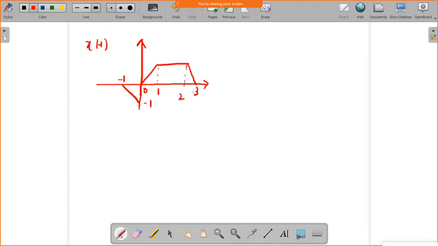So this is your x of t, and y of t is this one, that is from minus 2 to minus 1. This is minus 2, minus 1 and this is 0. Oh, sorry, I will take this. In the positive side it is there.